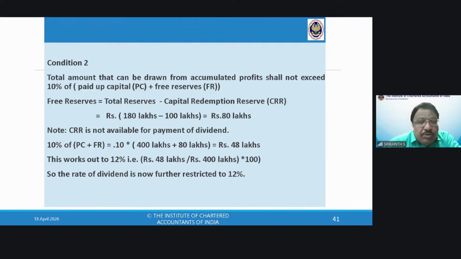The amount to be used is 72, right? But we don't have 72. The amount is now restricted to 48, 10% of paid up capital and free reserves. So if you take 48 lakhs as the amount, 400 is the paid up capital, you get 48 by 400 into 100, we get 12%.